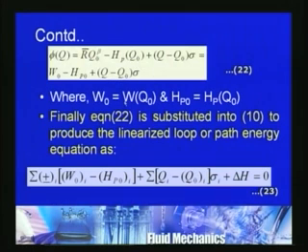Where w 0 is w as a function of q 0 and h p 0 is h p as a function of q 0. And finally, this equation 22 is substituted into the former equation 10 to produce the linearized loop or path energy equation as plus or minus sigma plus or minus I w 0 I minus h p 0 I plus sigma q I minus q 0 I into sigma I plus delta h is equal to 0.